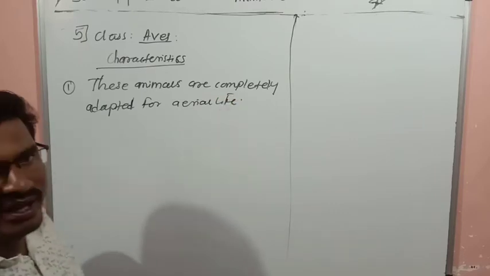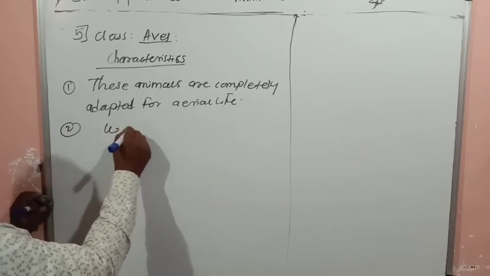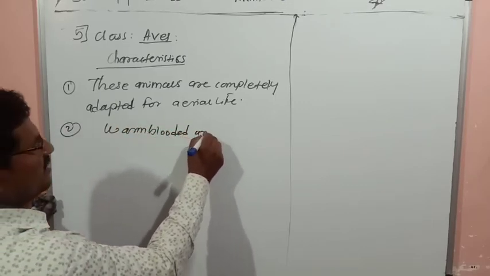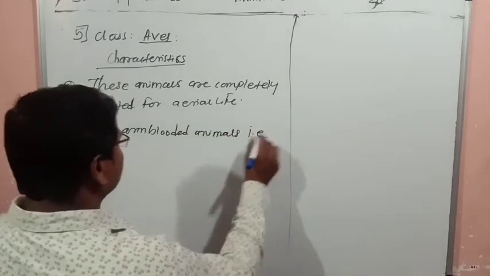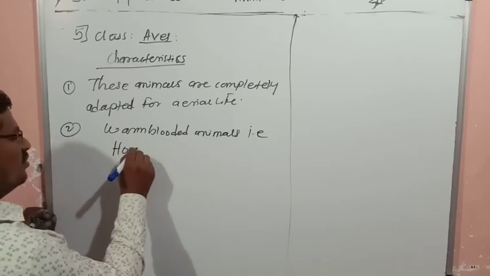Second, these are warm-blooded animals, also called homeotherms.